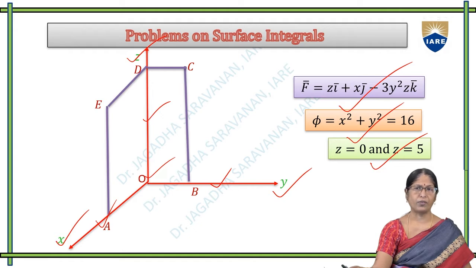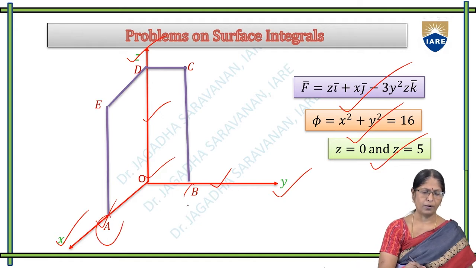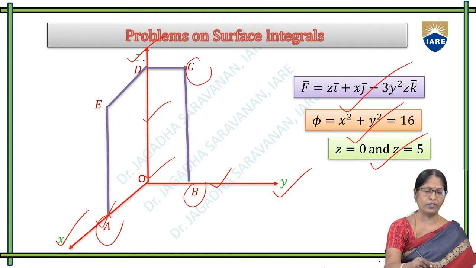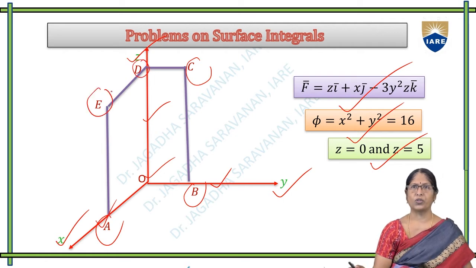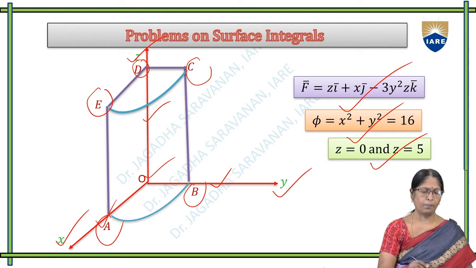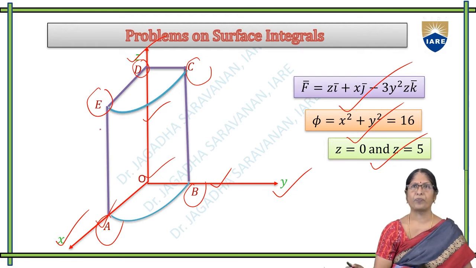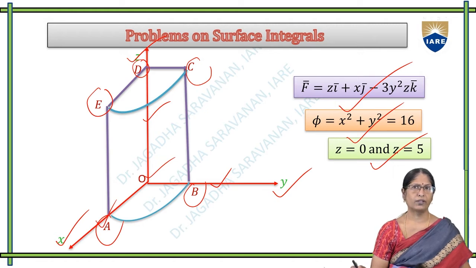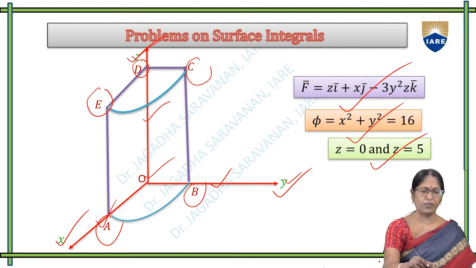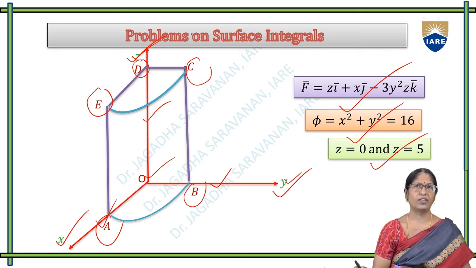We give the names A, B, and so on, joining the points with lines and curves, so the complete figure A, B, E, C, E, A. This is actually the cylinder figure in which the surface we are going to take is the YZ plane, which is easy to calculate.